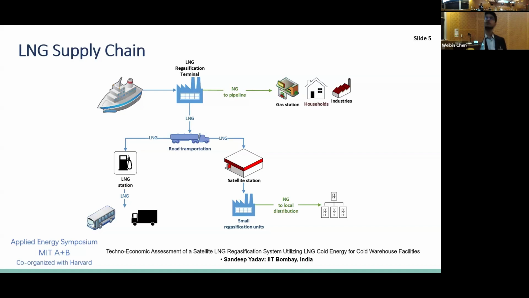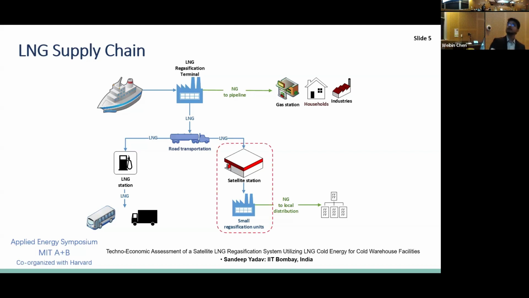Now, this work focuses on small scale LNG regasification systems. What happens when LNG comes to the regasification terminals? One way is to directly regasify it and transport natural gas over long distances for end consumer use, like gas stations, households, or industries. Another way is to utilize that LNG directly in LNG stations, in which vehicles can directly use LNG as a fuel.